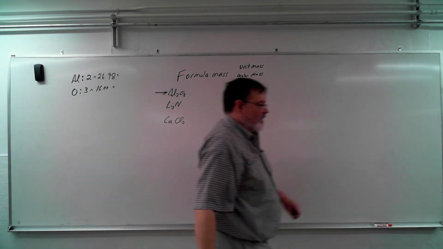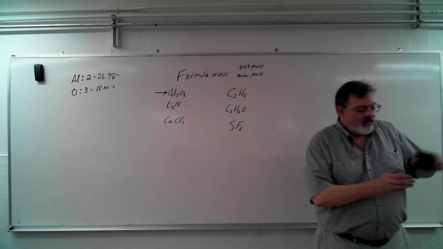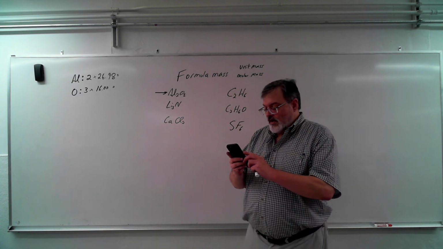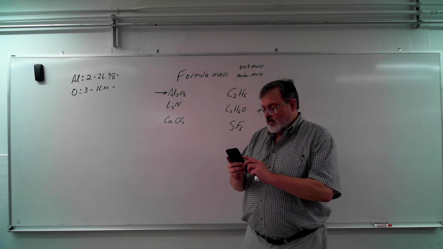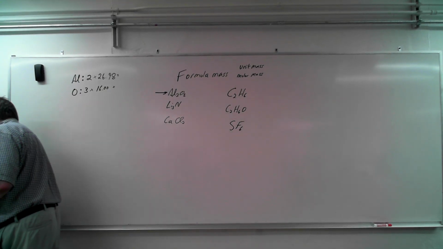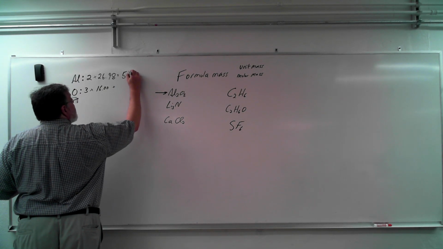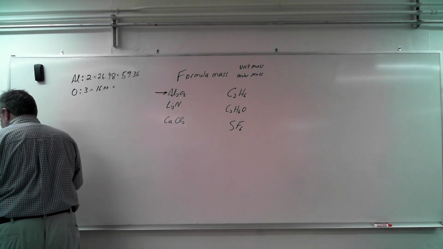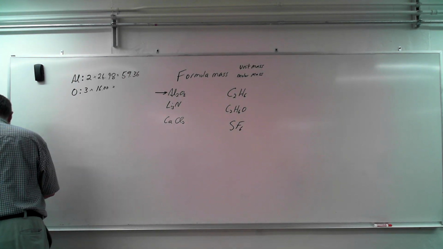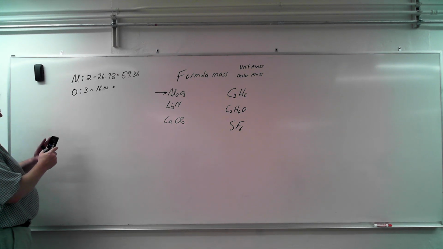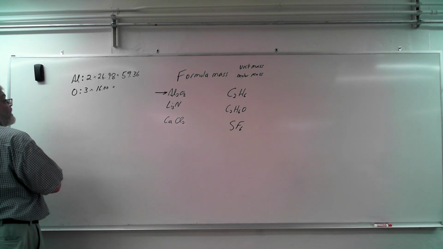I want my calculator. So if I do the math here, 2 times 26 is 52. In this case, I'm going to keep all the digits, or at least a lot of them. 3 times 16, 48.